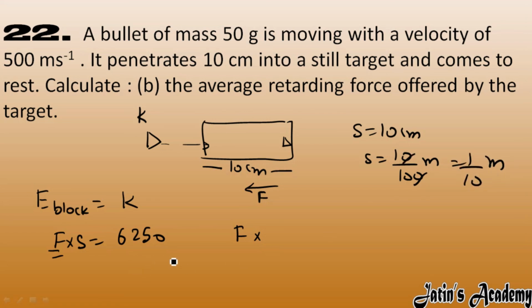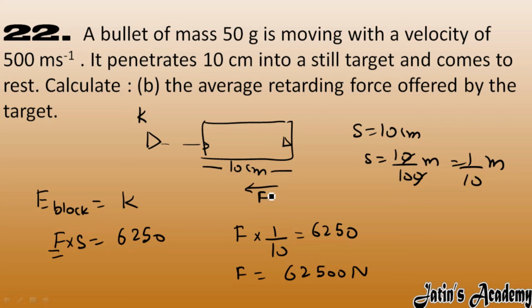Put the displacement as 1 by 10 meter and here 6250. From here the force value we get is 62,500 Newton. So this is the average retarding force offered by the target.